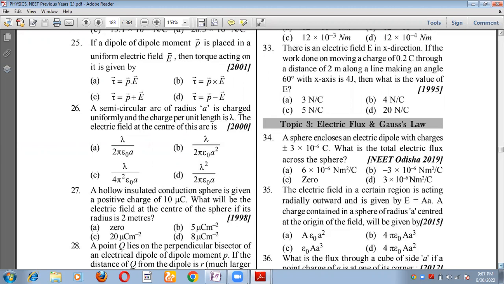Have all of you gone through it? It says a semicircular arc of radius A is charged uniformly.